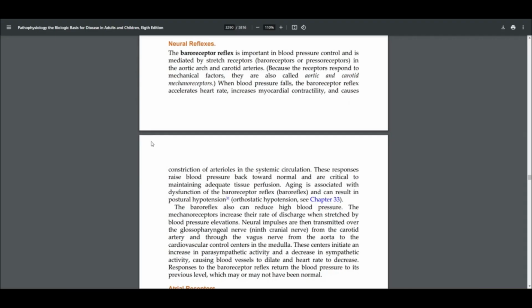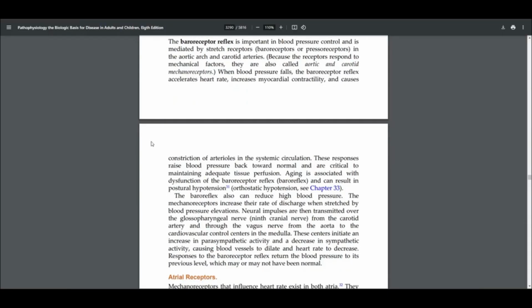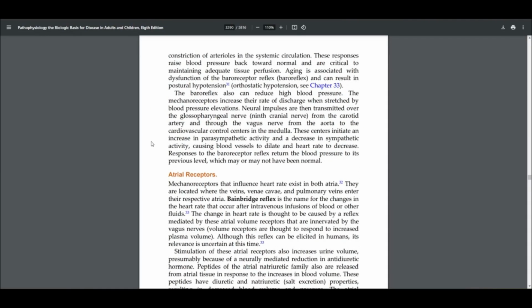When blood pressure falls, the baroreceptor reflex accelerates heart rate, increases myocardial contractility, and causes contraction in arterioles in the systemic circulation. These responses raise blood pressure back toward normal and are critical to maintaining adequate tissue perfusion. Aging is associated with a dysfunction of the baroreceptor reflex and can result in postural hypotension, also known as orthostatic hypotension.